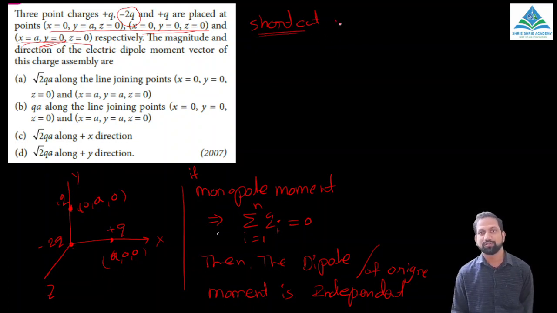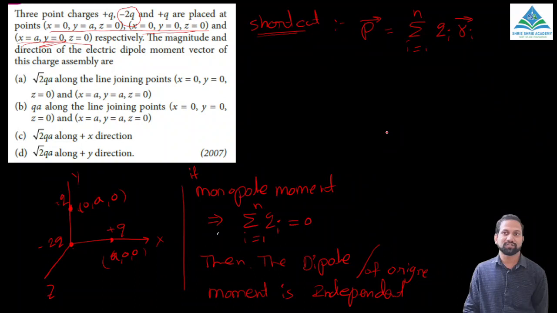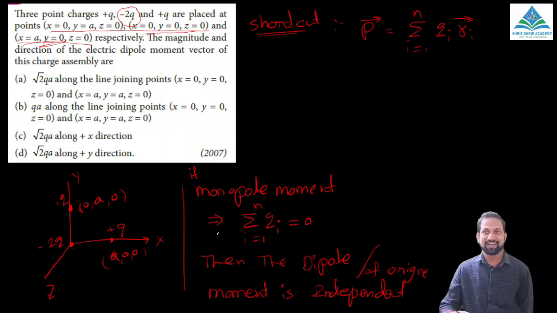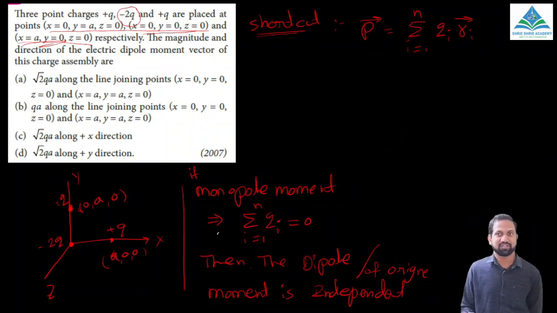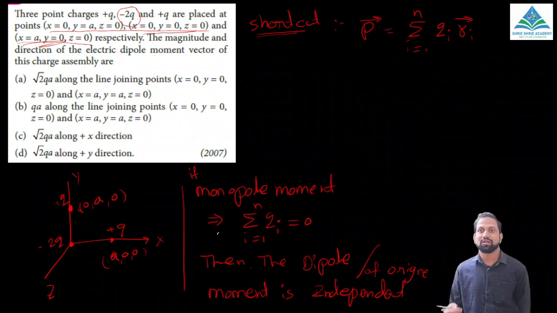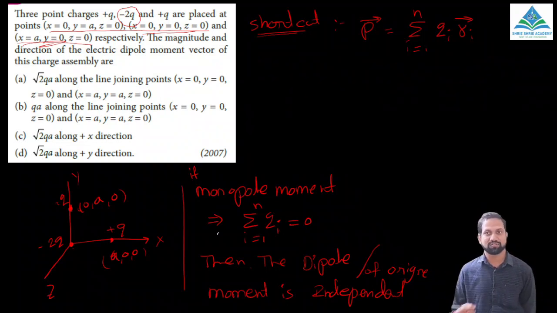The dipole moment, the symbol is p vector, small p vector. It is the summation over i runs from 1 to n of qi into ri vector, where ri is the position vector of the ith charge, and qi is the amount of charge of the ith charge. So here there are three charges.